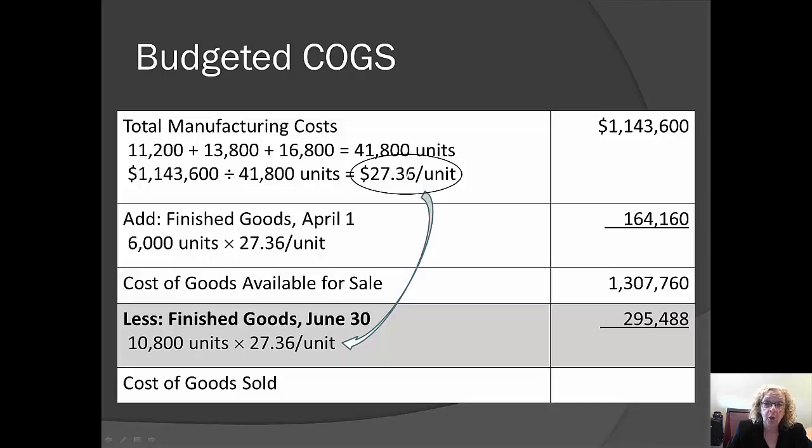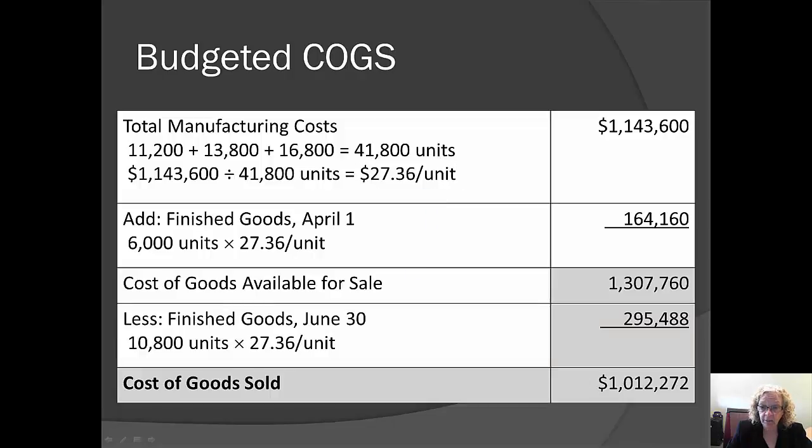At $27.36 per unit, we can determine the dollar value of that finished goods inventory. Those units we don't expect to sell, so we can subtract that dollar amount from the goods that are available for sale to get cost of the goods that we expect to sell.